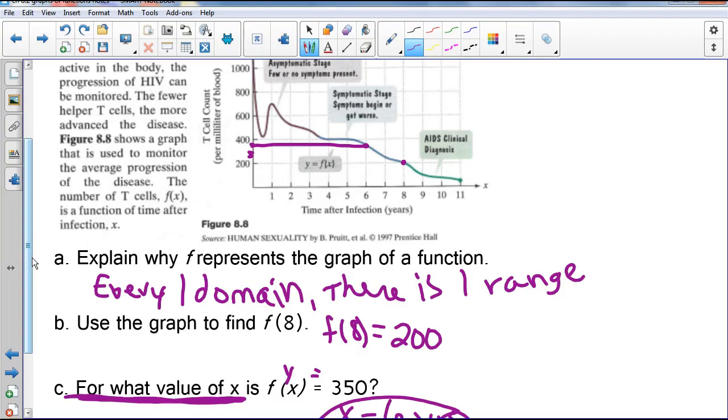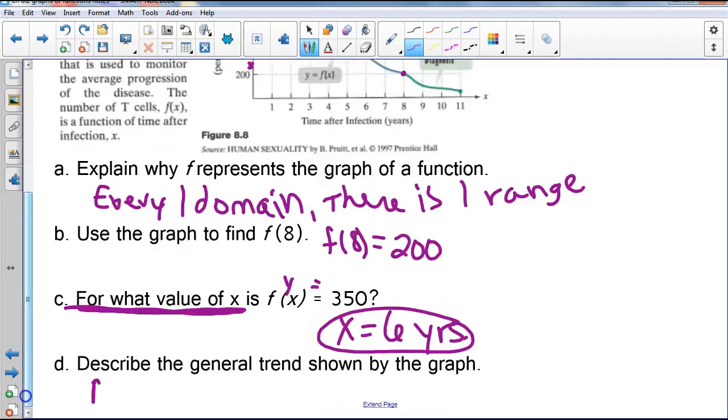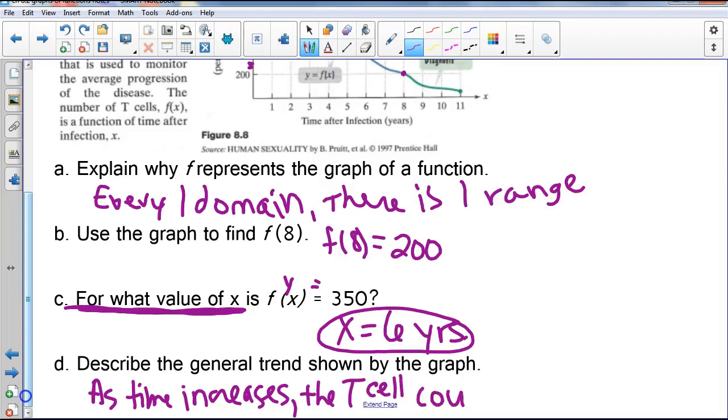So as time increases, the T cell count decreases. So let's think about that.